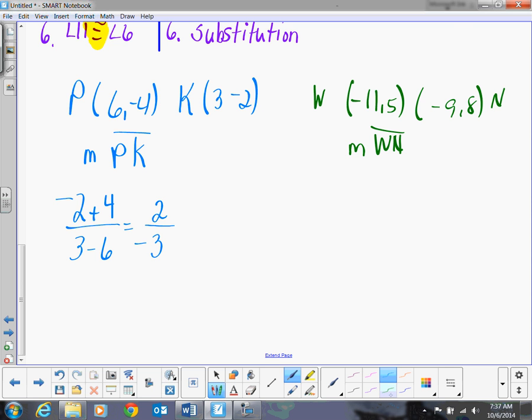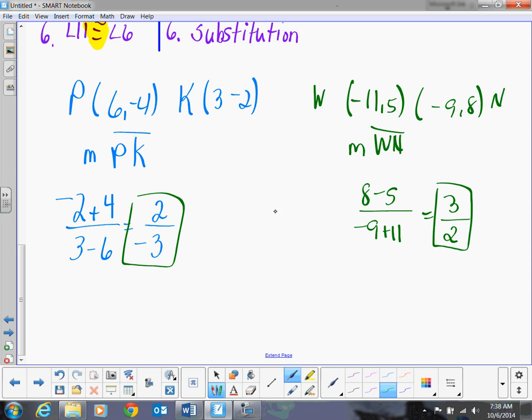All right, and how are you going to do this one? 4 over 2. Look at these two slopes. Is that a special relationship? Are they reciprocals? Are they opposite? So therefore they are right.